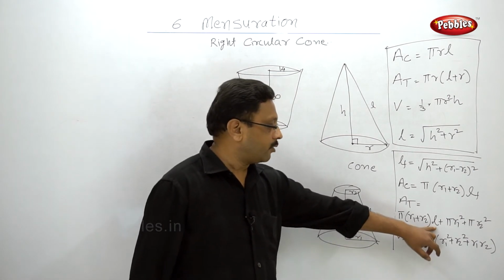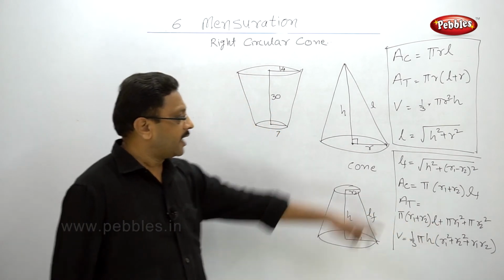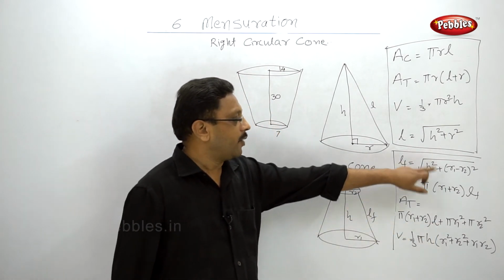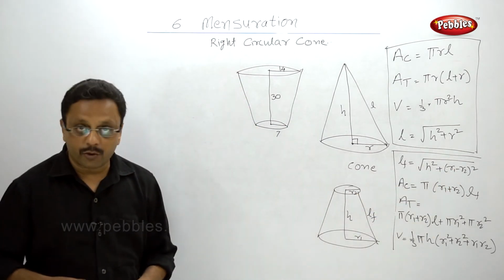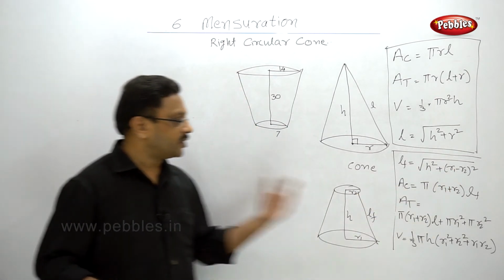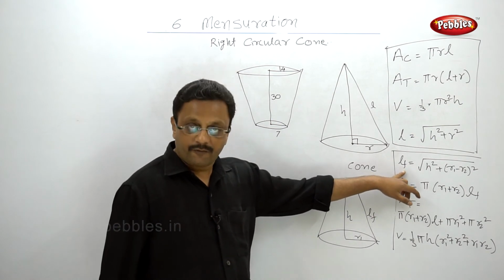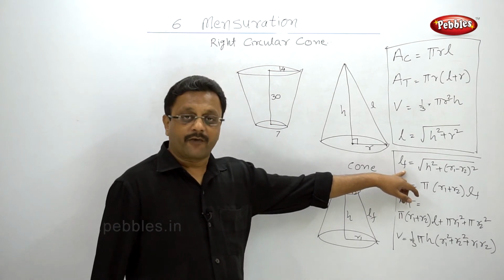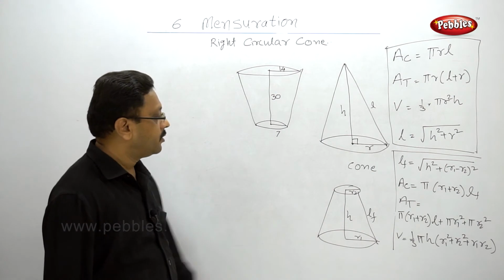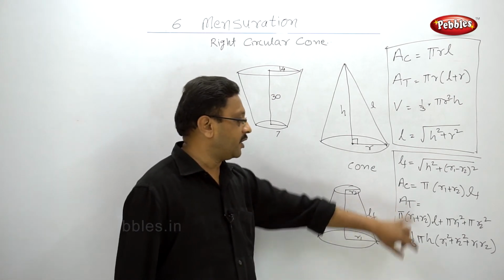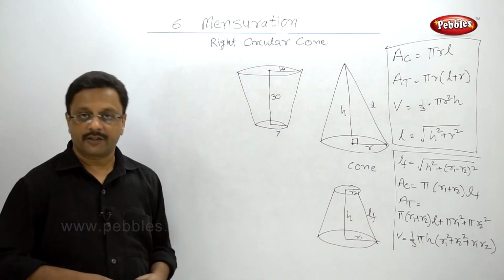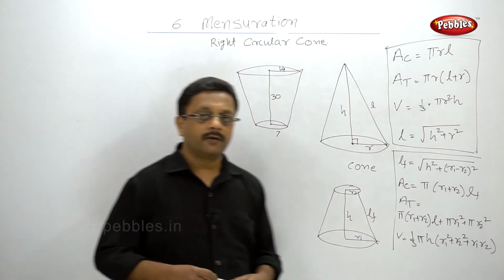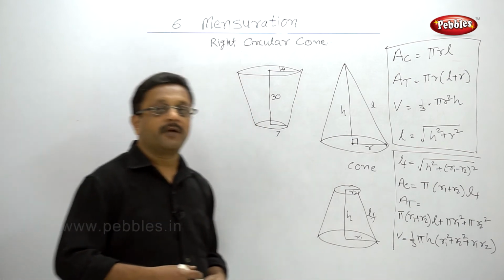First of all you have to find out the slant height, and the slant height formula you know: under root h square plus (R1 minus R2) square. So very simple. First find out LF, that is the slant height of the frustum, and based on that you can find out the total surface area and volume of this conical bucket. So please pause your video here and solve this example right now.